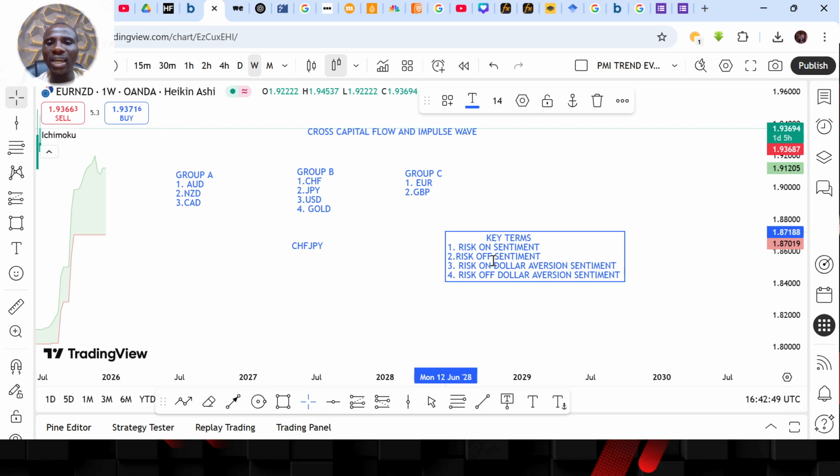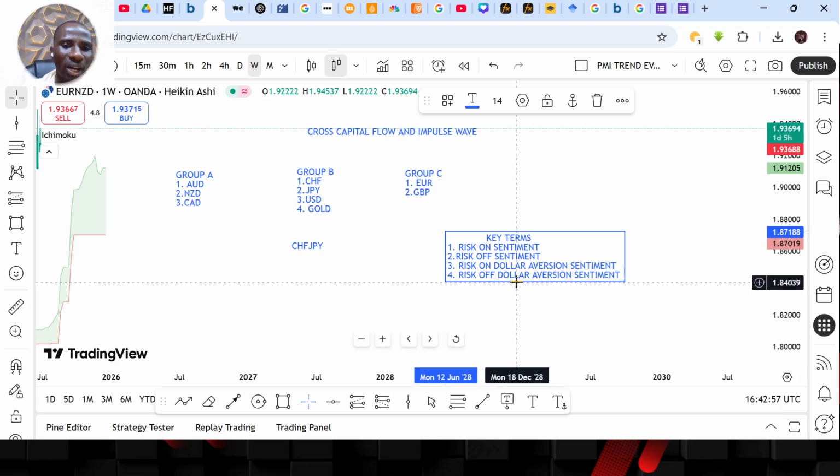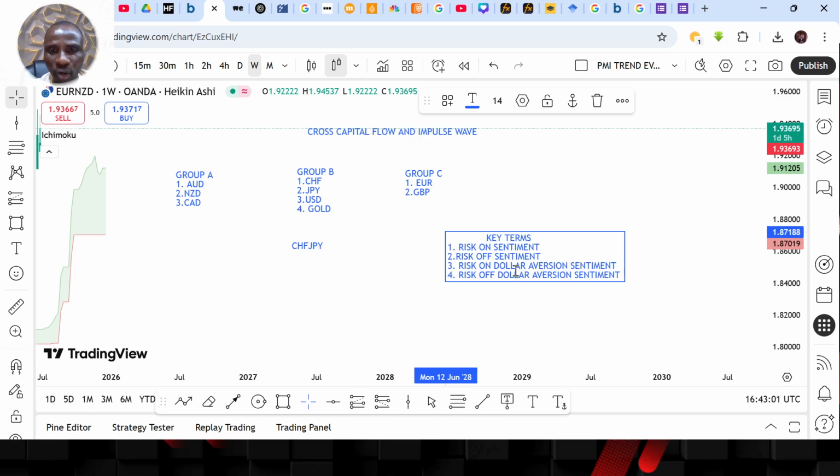Now, let me quickly explain risk on and risk off dollar aversion sentiment. This is when you have risk on but with a tone of dollar aversion. In other words, there is risk on, but there is an aversion to the dollar, maybe because of the performance of the US economy. Dollar is king in the market, you cannot overrule or undermine the effect of dollar movement.